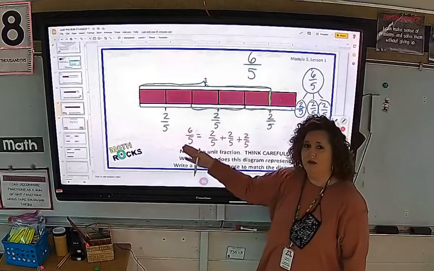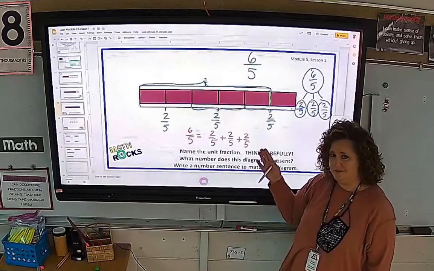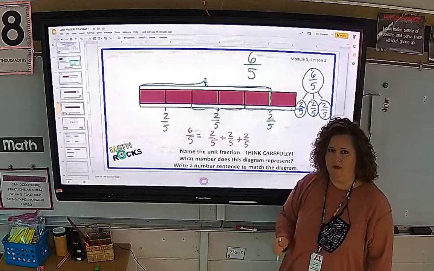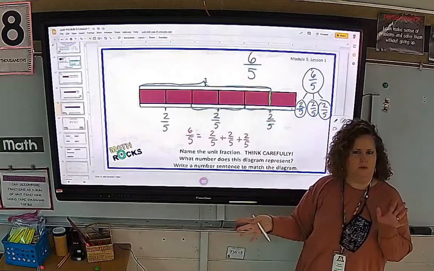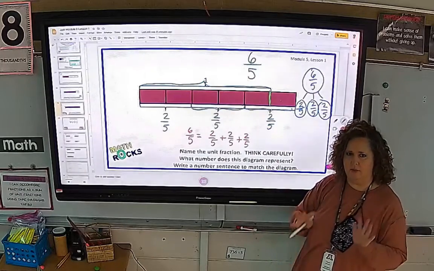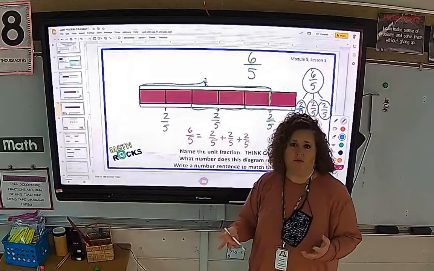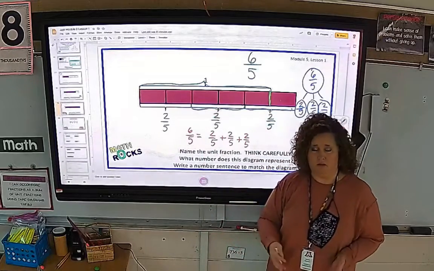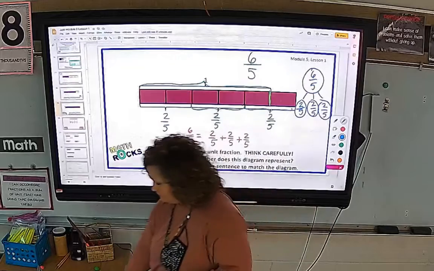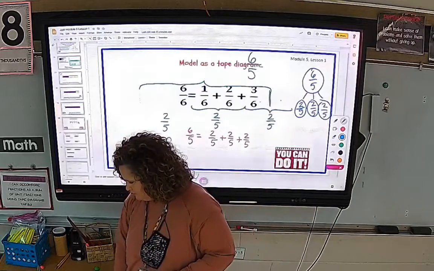This is our addition sentence to match this tape diagram. These can get a little tricky if we're in a hurry, if we're not slowing down and paying attention to how many parts are in the whole. So just slow down on these and I think you will be fine. Okay? All right, let's move to right here.